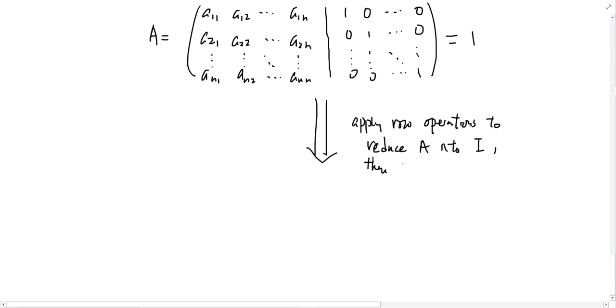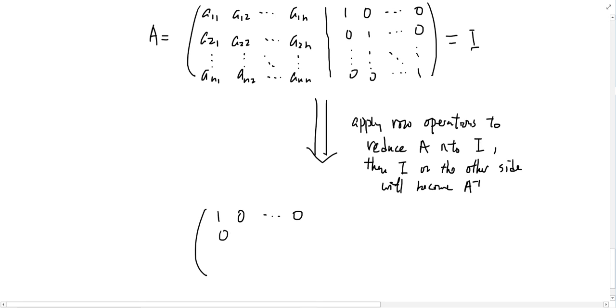Then what happens is the identity matrix I on the other side will become A inverse. So we go through this process and turn this side into the identity matrix.